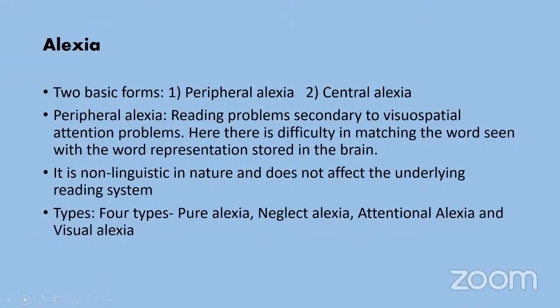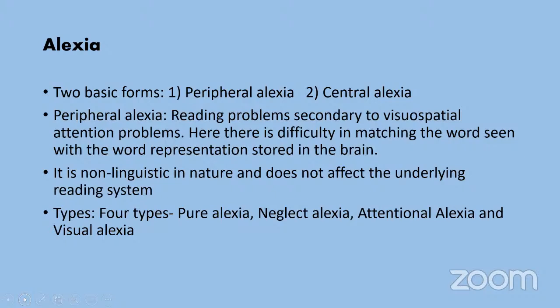There are two basic forms, peripheral Alexia and central Alexia. The peripheral Alexia is because the reading problems are secondary to visuospatial and attention problems. Here, there is a difficulty in matching the word seen with the word representation stored in the brain.